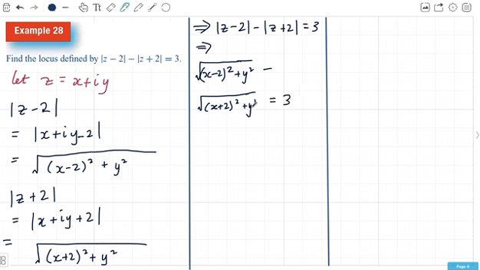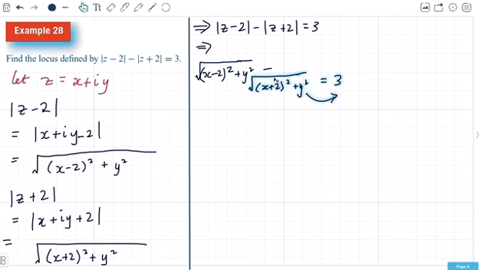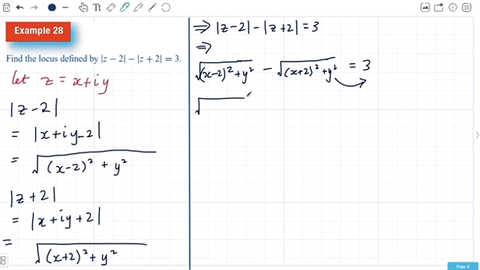Now this is fairly ugly the way that it is here. So I'm going to move this square root over to the other side. What that's going to do is make it easier for me to square everything.